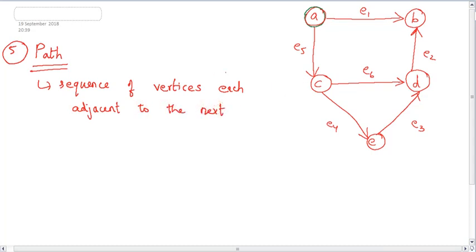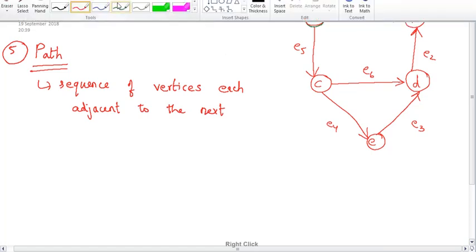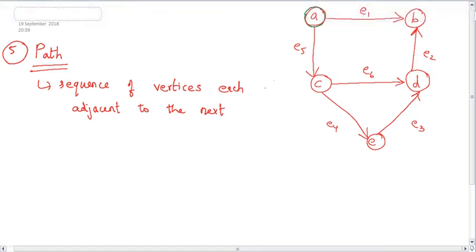In this example, does there exist a path from A to E? Yes, there is a path. From A, I have to travel to C with the help of edge E5, and from C, I have to travel to E with the help of the edge E4.